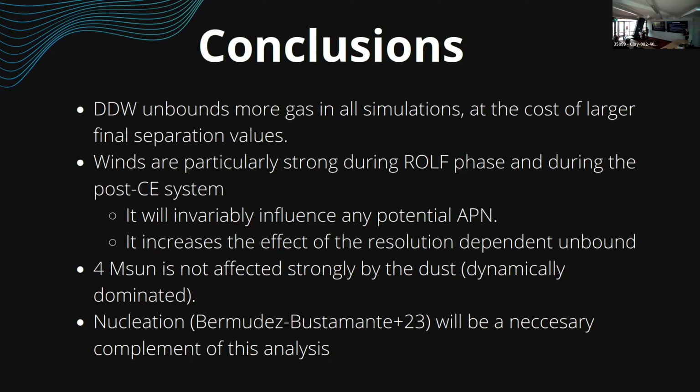So if you have a more massive companion, you don't have the common envelope phase? No, you have it. If you want to delay the common envelope, you have to make q equal to 1, for instance. That way you will have a more stable binary, and I don't know if it will completely stop the common envelope or just avoid the mass transfer instability. Thanks.